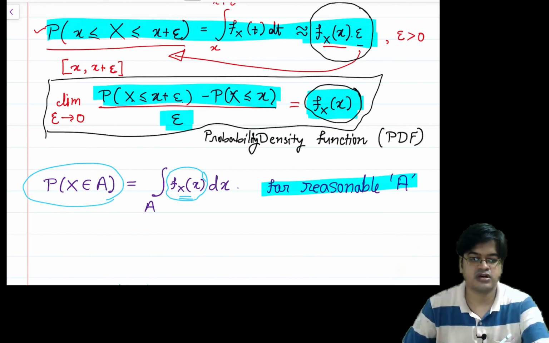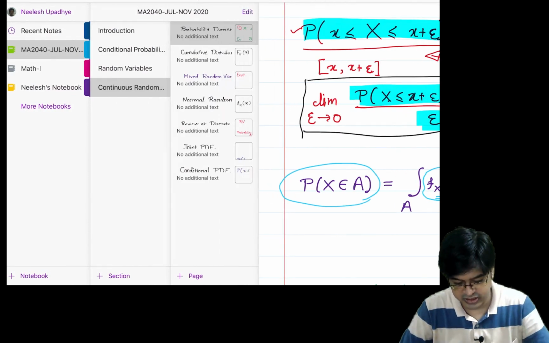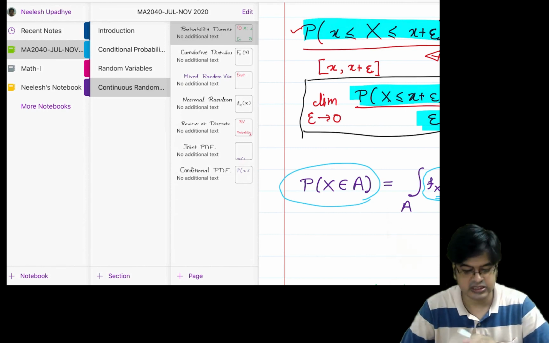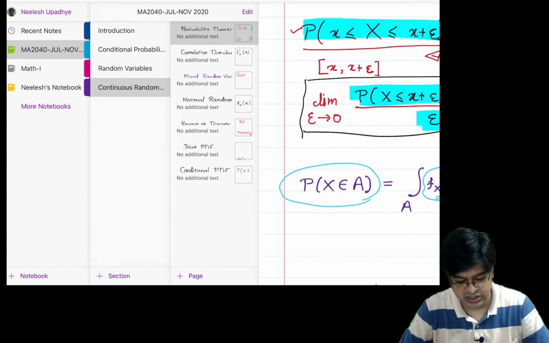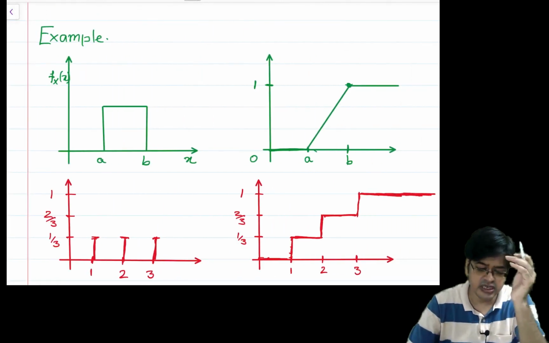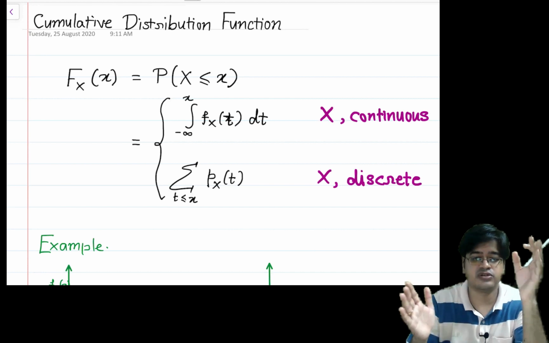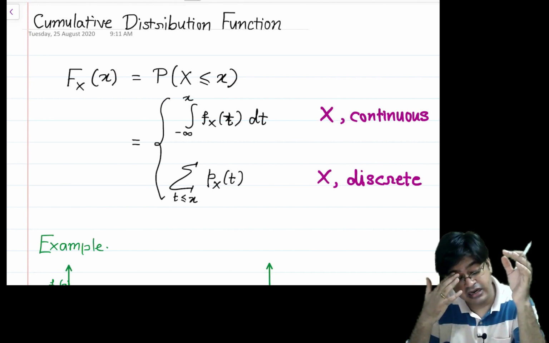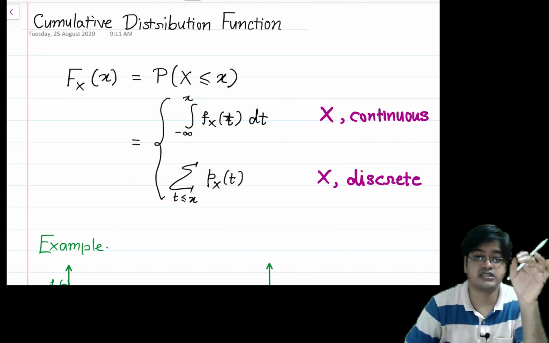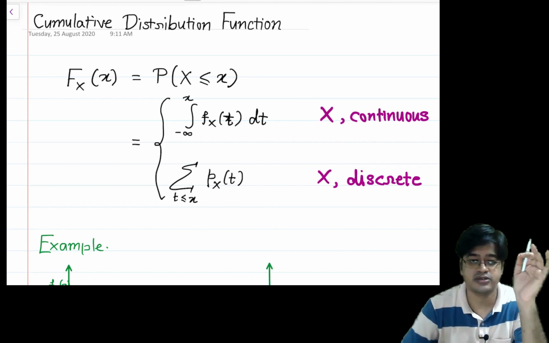So now is the time to go ahead and see what we can do with these probability mass functions and probability density functions. If I have been given a probability mass function, I know the random variable is discrete, and I have to deal with summations to solve the problems related to probability, related to discrete random variables.